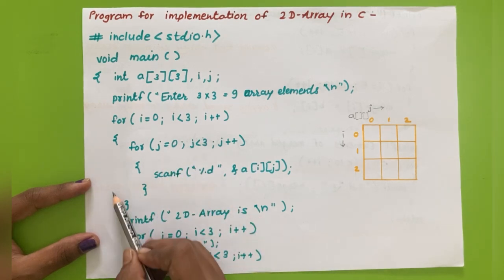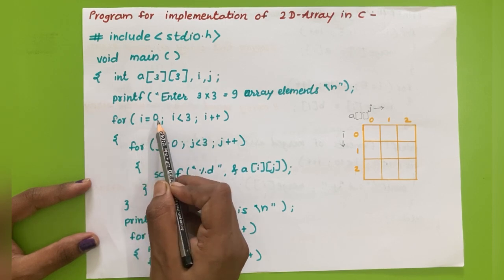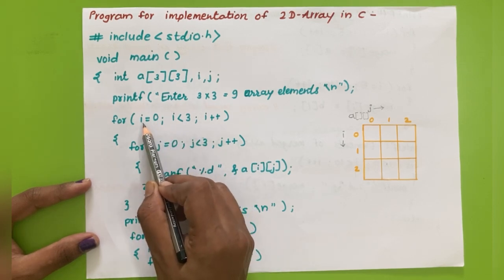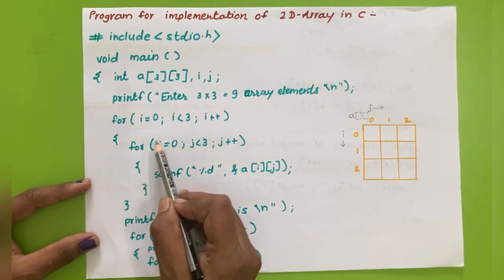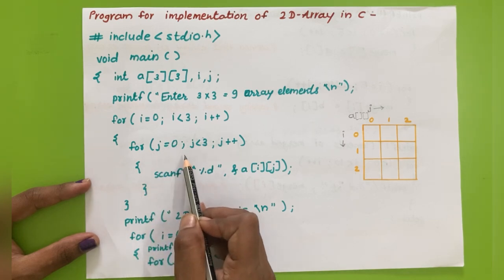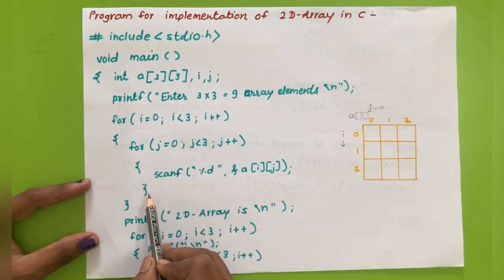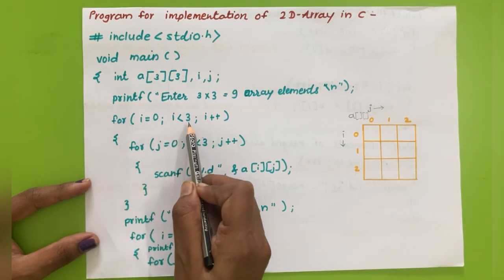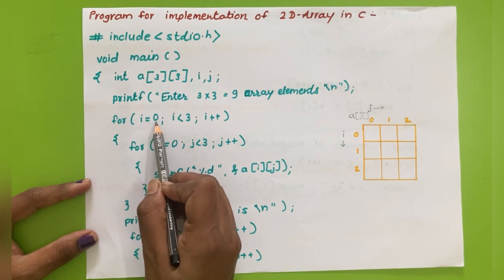Again it will increment the counter of I, that is I is equal to 1. So again for the value of I equal to 1, this j will be incremented 3 times, j is equal to 0, 1 and 2. Next I will be incremented again and now the value of I is 2.